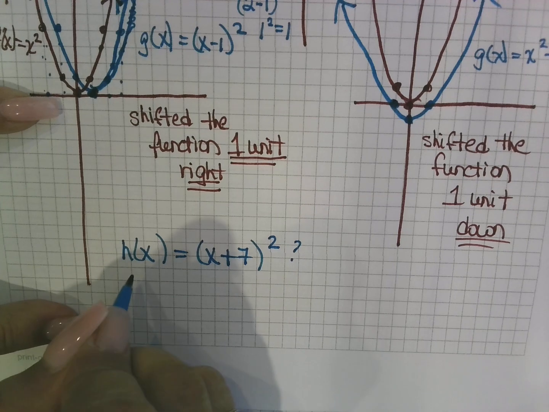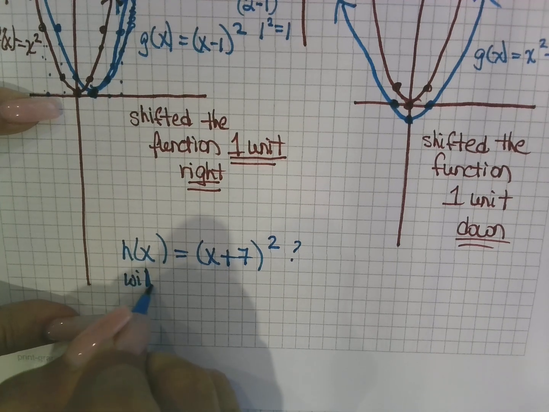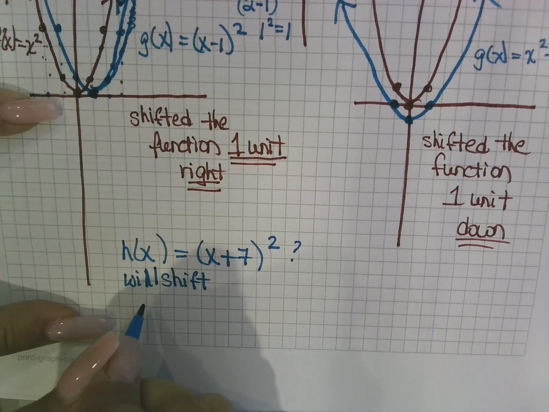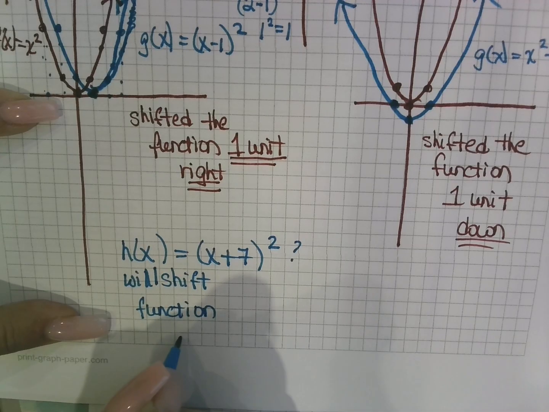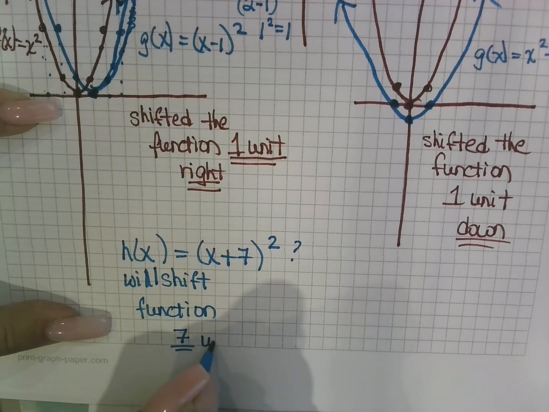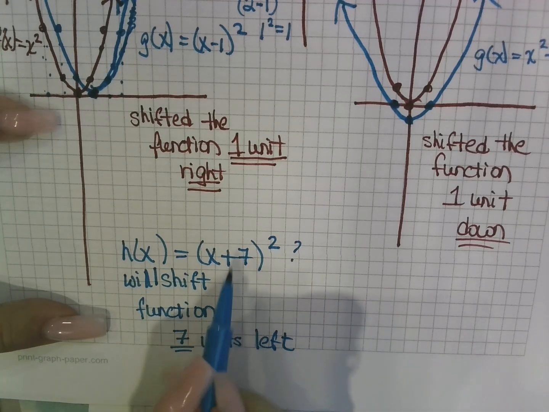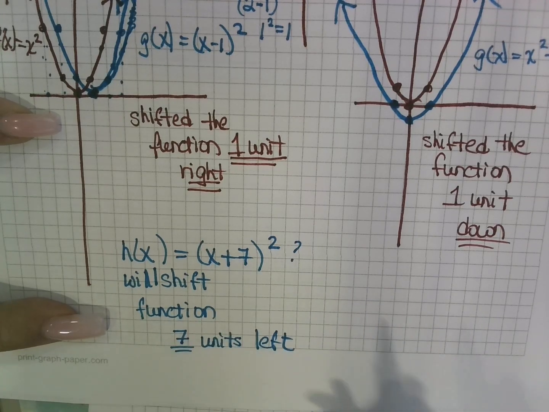Well, if you answered that it will shift the function 7 units left, you got it right. If it's inside the function and you see a plus sign, it is moving to the left.